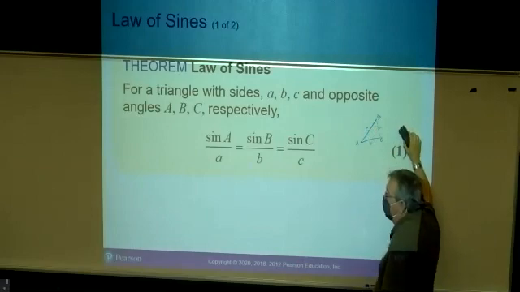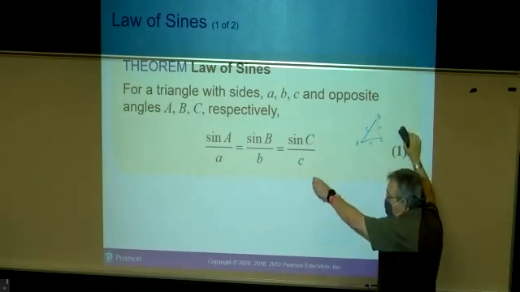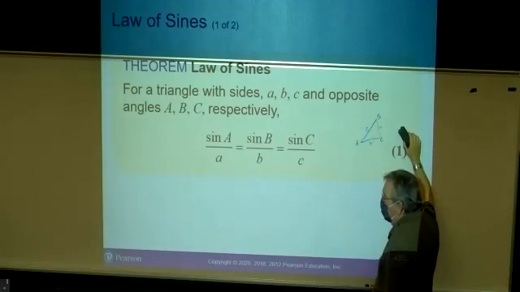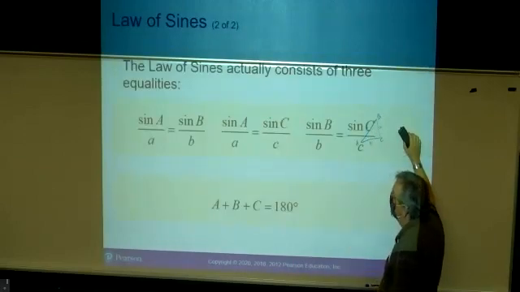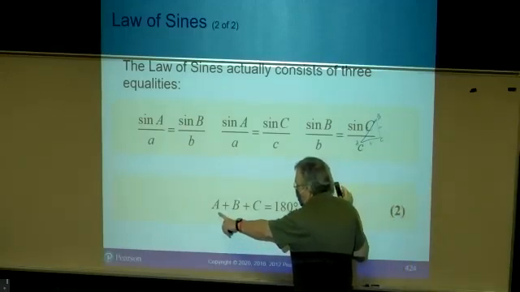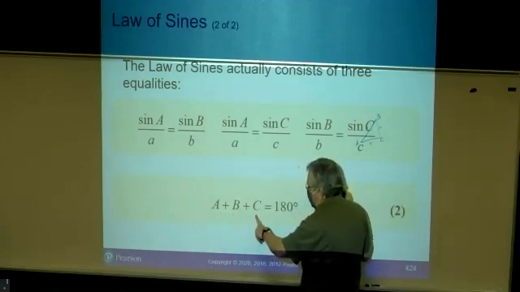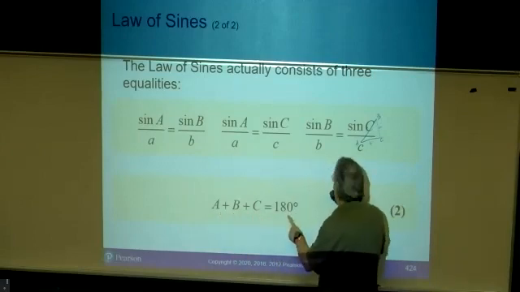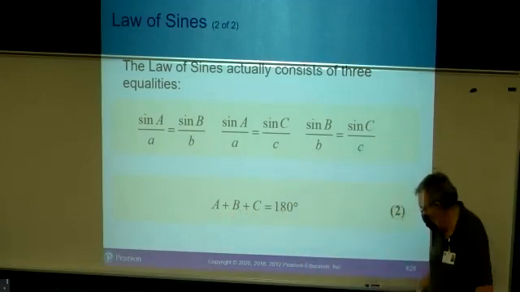And this theorem, this formula, is basically three equations, three equalities. And you should know from a long time ago that the three measures inside a triangle add up to 180 degrees.